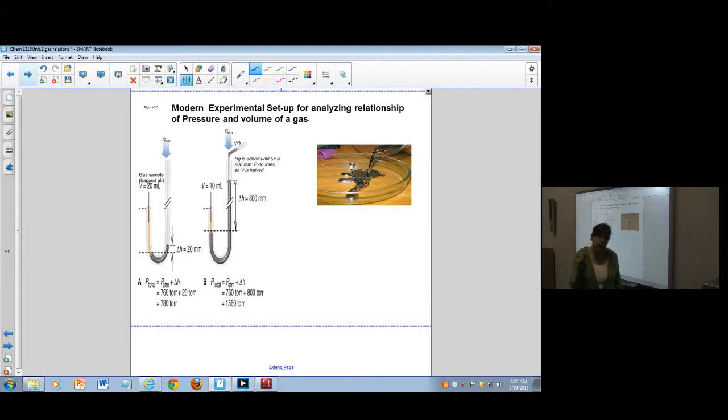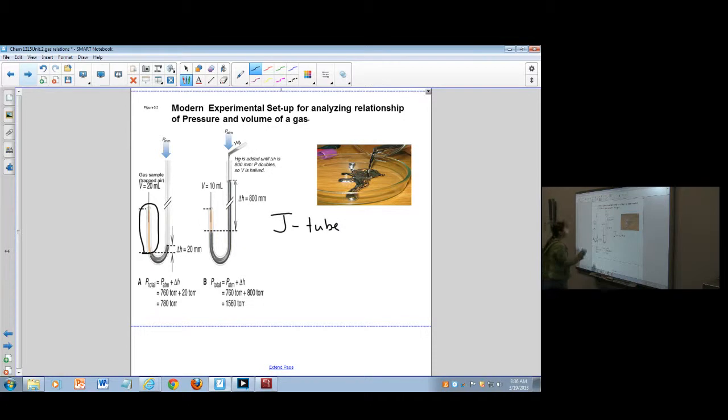And what he did was he had his big apparatus down at the bottom, and he ran up to the top of the steps and added his mercury or whatever he was working with at the top to check the pressure and the volume. So he used the mercury for pressure, and the volume is whatever is trapped inside of this tube. Now we use something called a J tube, and we don't have to run up and down stairs to make this work.